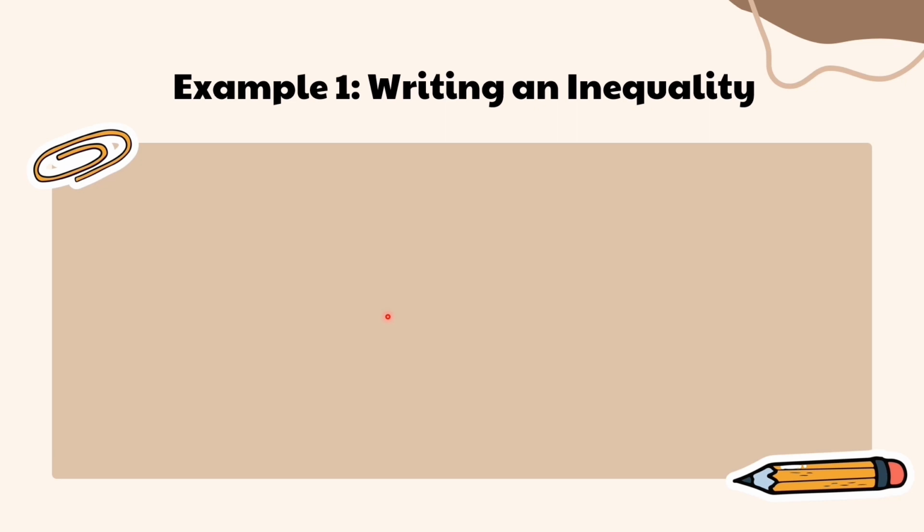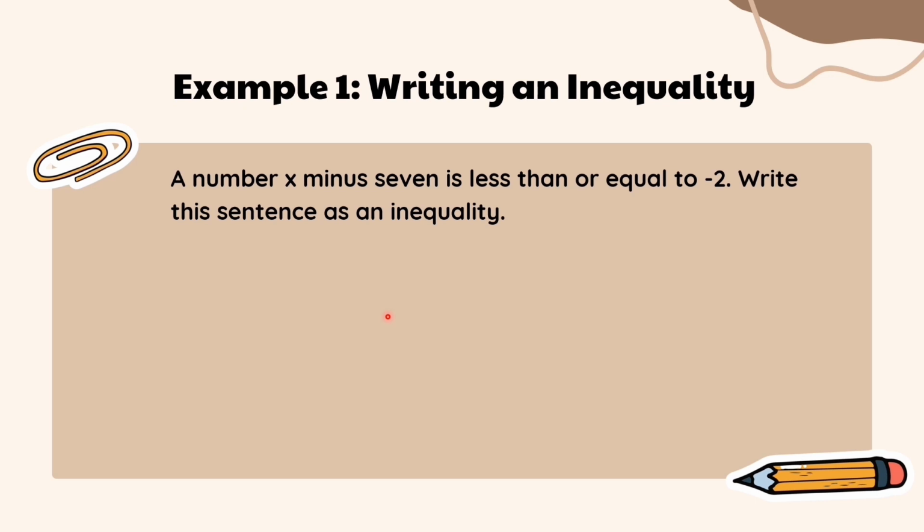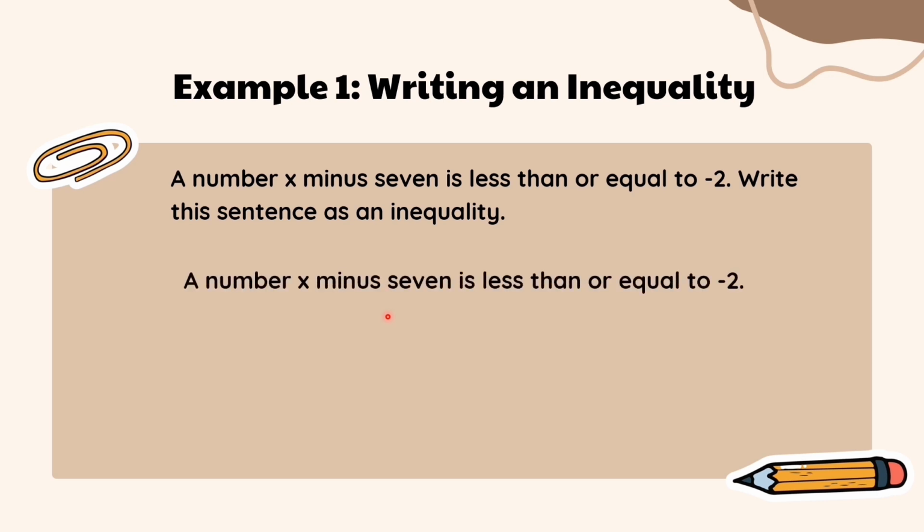For example number 1, writing an inequality. A number x minus 7 is less than or equal to negative 2. We will write this sentence as an inequality. A number x minus 7 can be written as x minus 7, and the symbol for is less than or equal to is this one, and then negative 2.